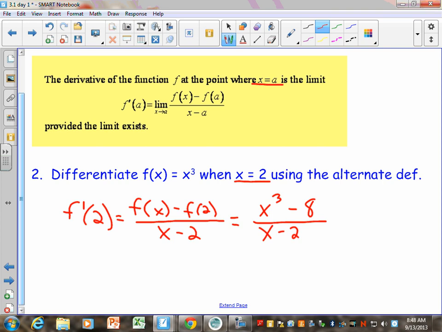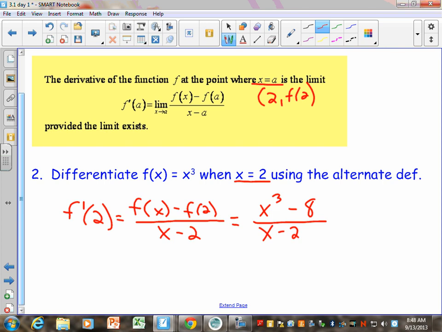I see what you're wanting to do, because you're saying x equals 2, so I should replace every x with 2, right? But this is giving you the point. It's like saying, find the derivative at the point 2, f of 2. You agree with me on that?